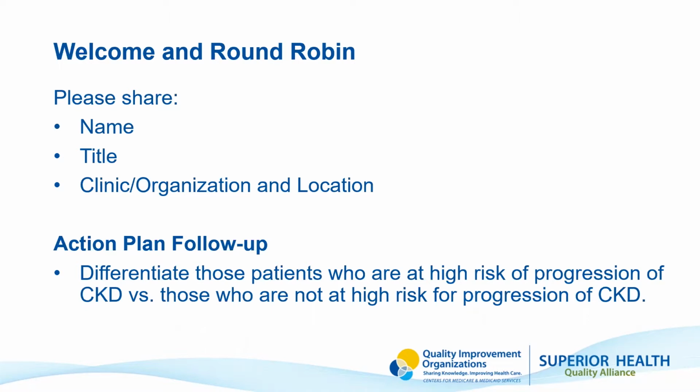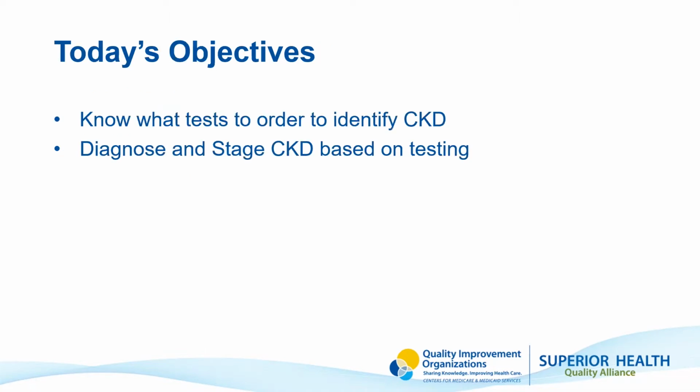We will have folks chat in a little bit about that in a moment. And today's objectives will be to know what tests to order in order to identify CKD and diagnose and stage CKD based on the testing.